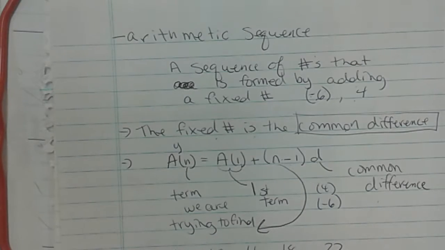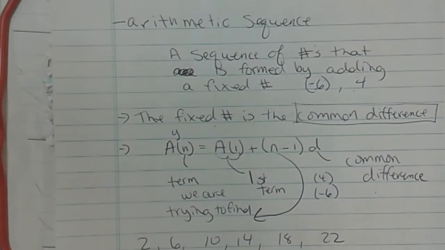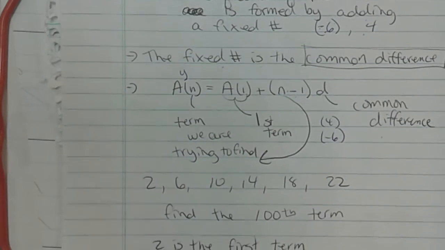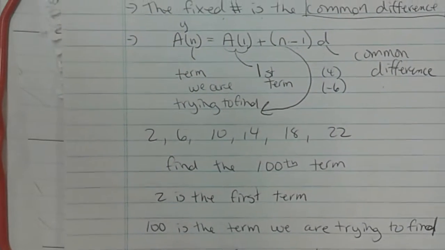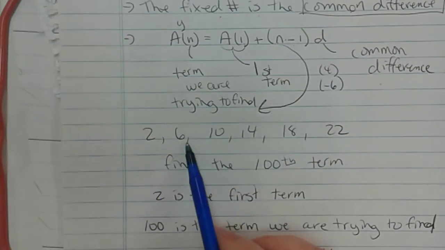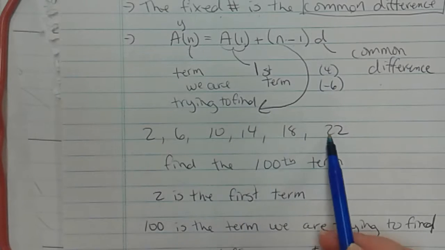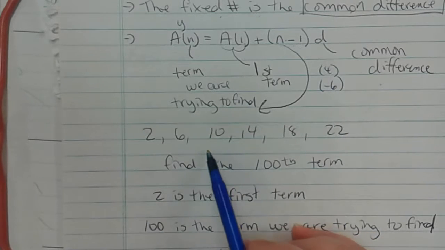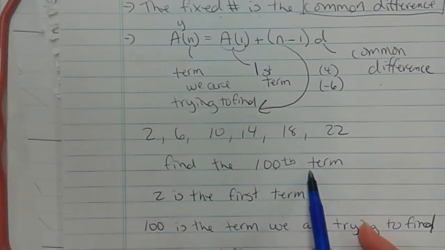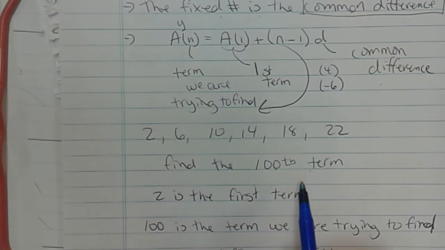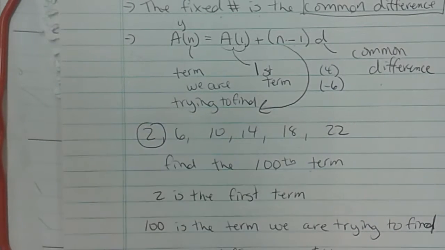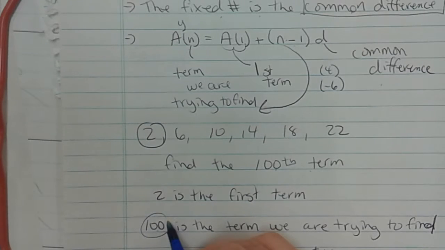So for an example, if I have the situation of 2, 6, 10, 14, 18, 22, and I want to find the 100th term, the first thing I need to realize is that 2 is my first term, 100 is going to be my n, because that's the term I want to find.